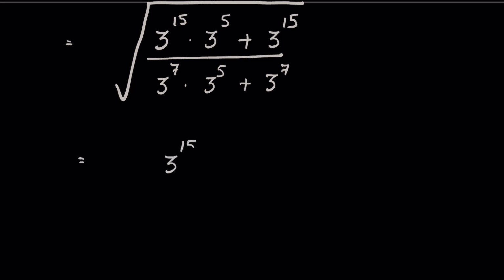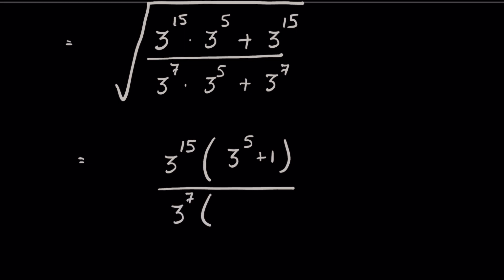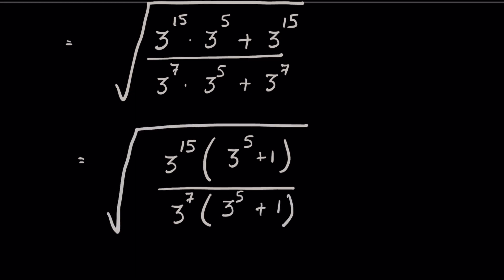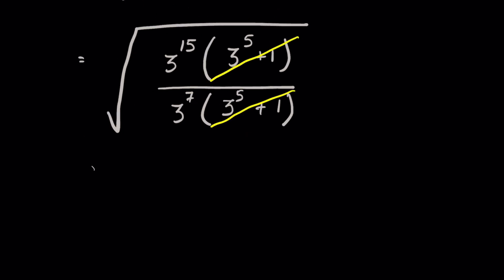So 3 raised to the power 15 parenthesis 3 raised to the power 5 plus 1 upon, here also we can take 3 raised to the power 7 as common and write 3 raised to the power 7 parenthesis 3 raised to the power 5 plus 1, under square root. Now these are two like terms, so we can cancel them. Now we have 3 raised to the power 15 upon 3 raised to the power 7 under square root.